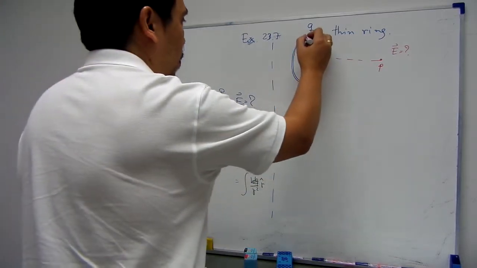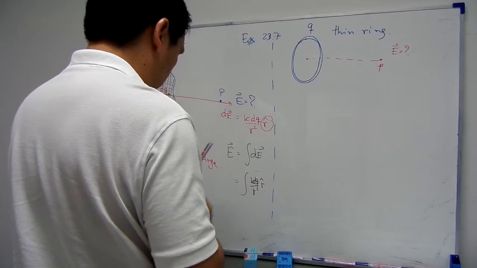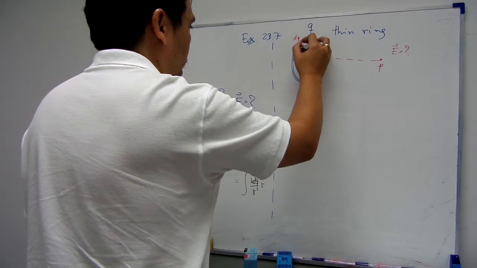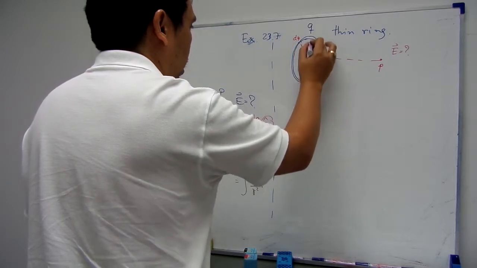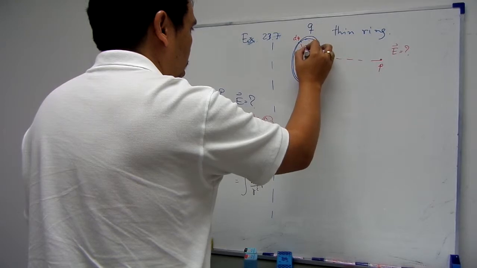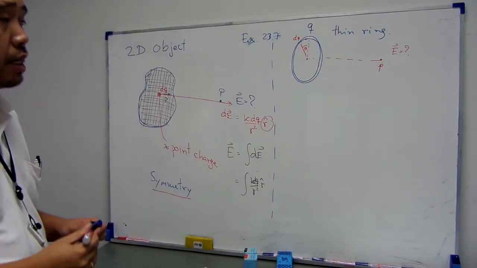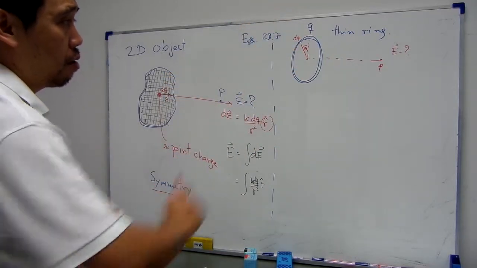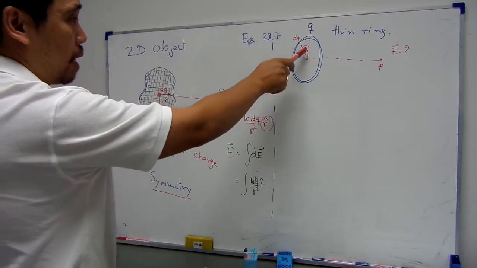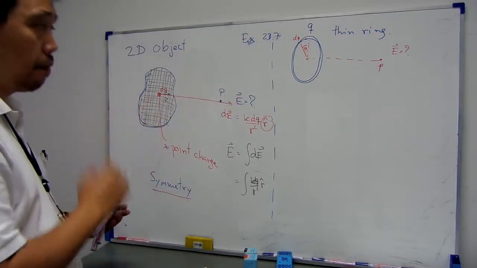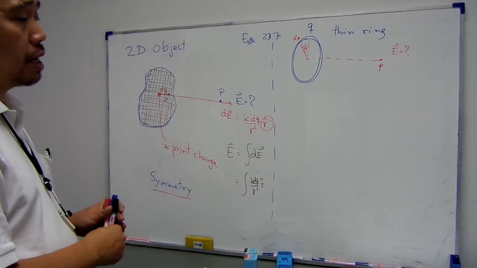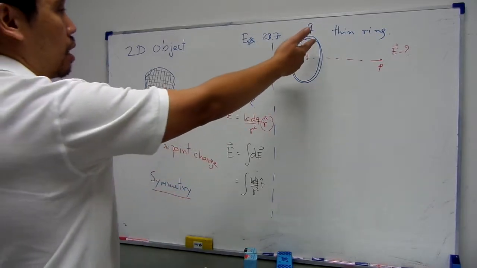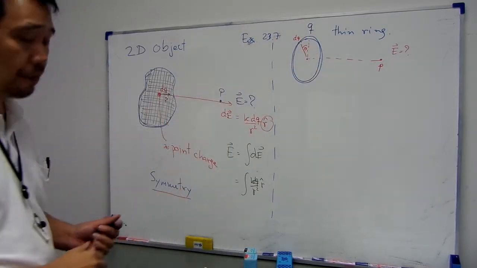The position of the dq can be determined by the angle theta from some reference axis. So we can determine dq only by being given the value of theta, and it is equivalently a one-dimensional problem.